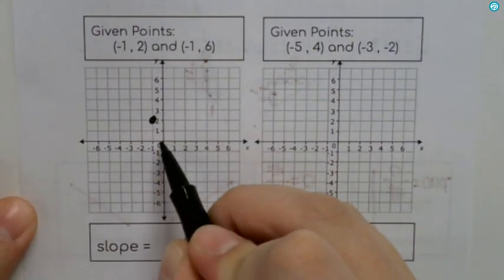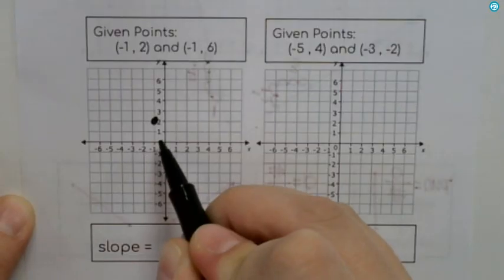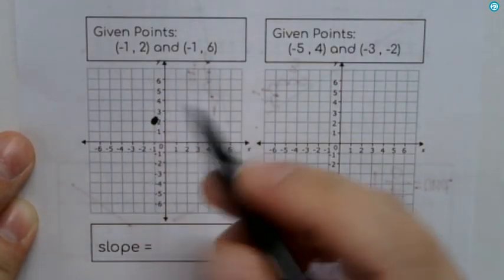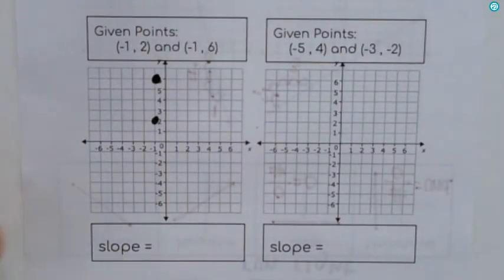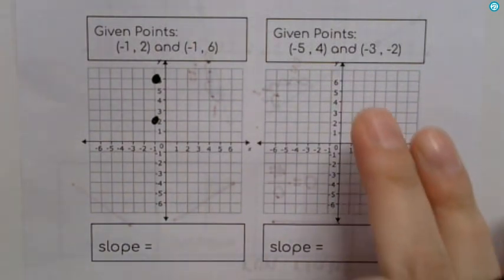Once again, I always start at 0, 0. -1 tells me to go left 1 and up 6. Once I get those 2 points graphed, I can go ahead and connect them.